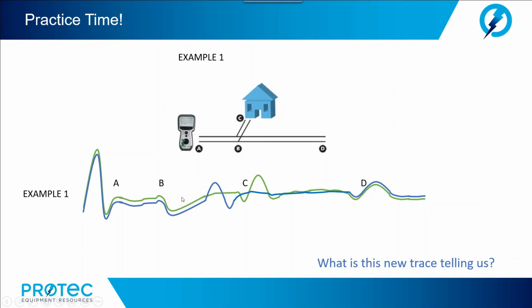Now, on the good cable, the green trace, we see the presence of the termination at the house. However, on the blue or the faulted trace, we no longer see the upward reflection terminating at the home.